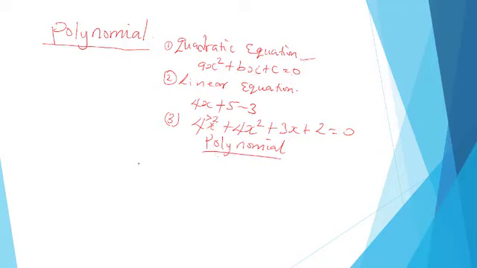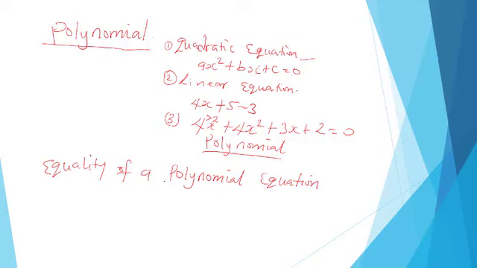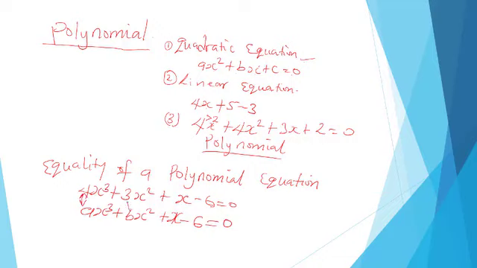Now when you talk about equality of two polynomial equations, two polynomials can only be equal if a is equal to 4, b is equal to 3, 1 is equal to 1 here, and 6, the constant term, is the same as the constant term.